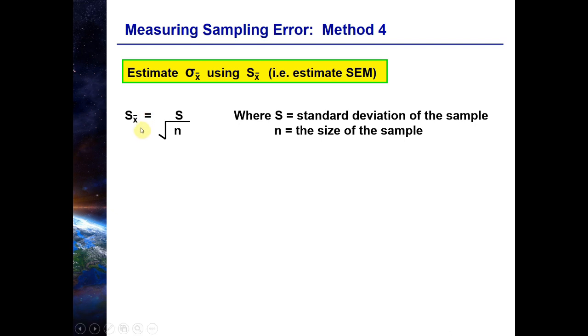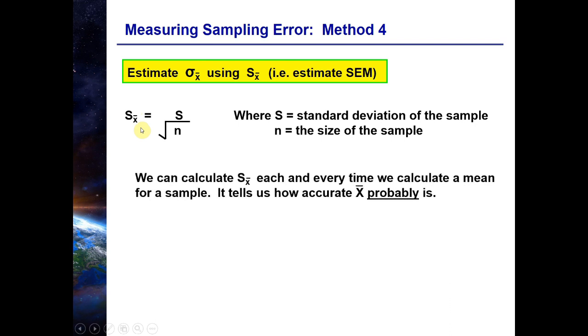So we can calculate this SEM, S sub x bar. And when we calculate it, it's telling us how much sampling error we have attached to the mean of our sample.